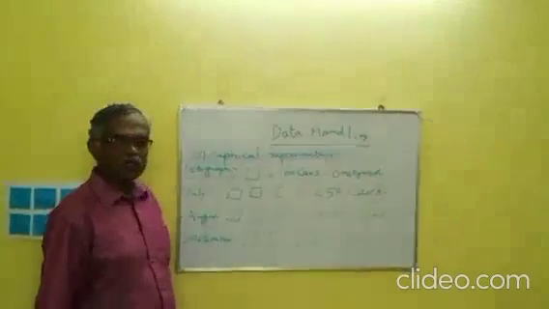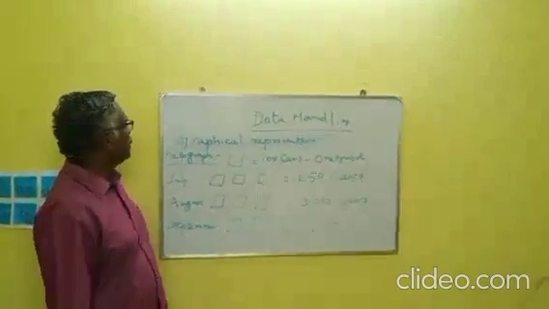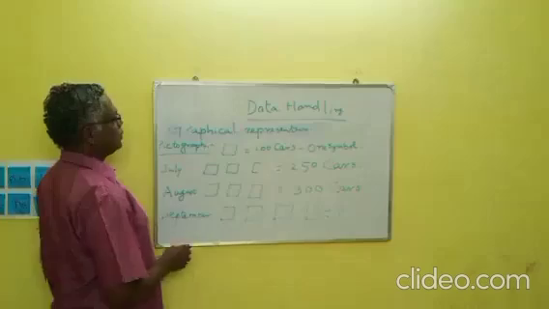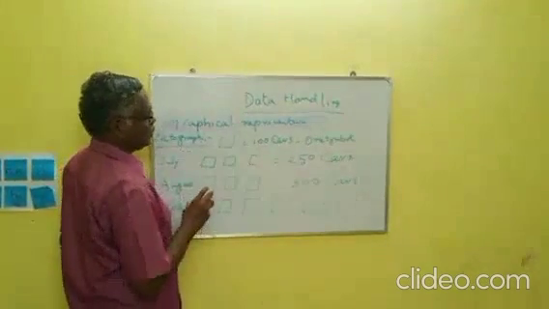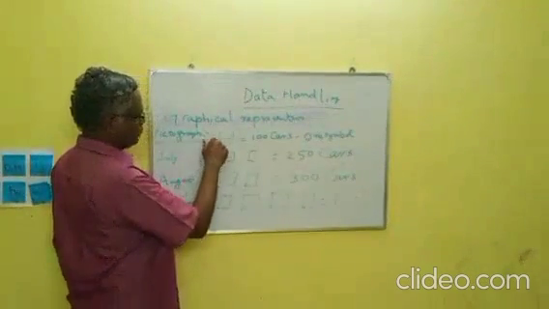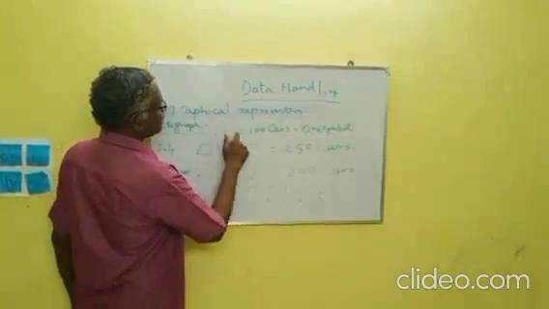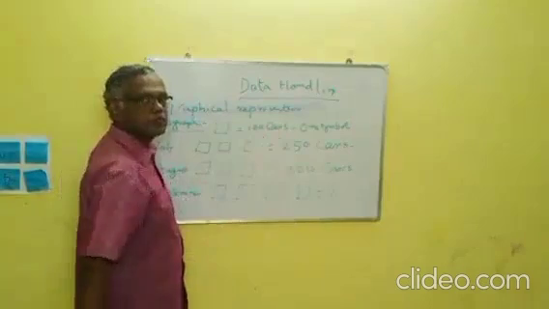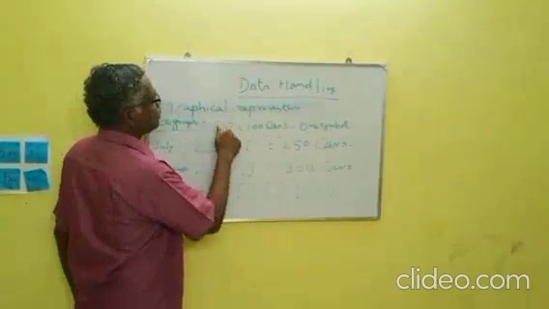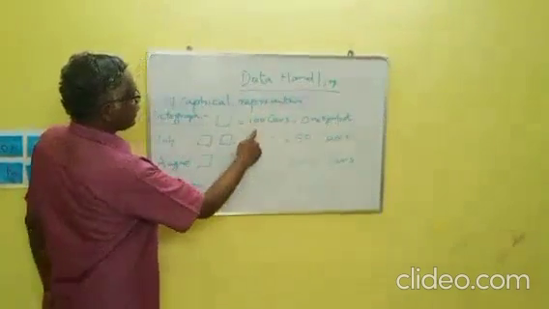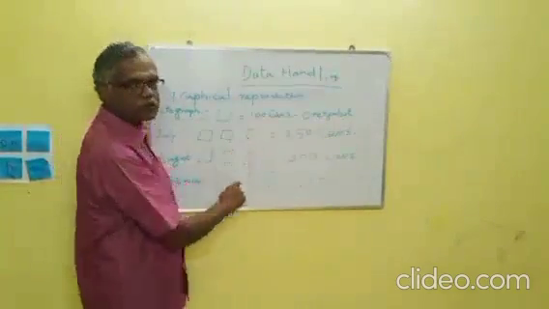Let us see graphical representation. First one is pictograph. Pictograph means we can represent the data in a pictorial form. Let us assume that this symbol stands for 100 cars. One rectangular box stands for 100 cars, and this half symbol stands for 50 cars.